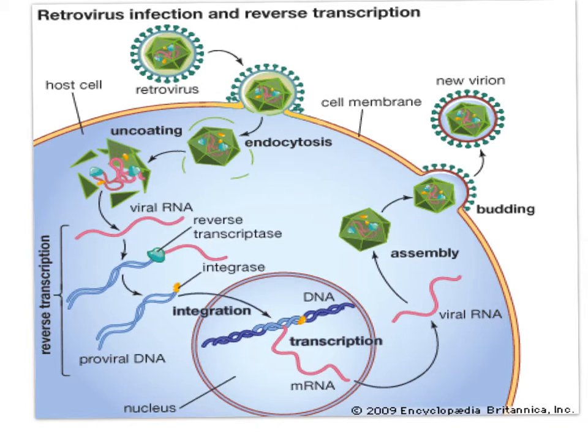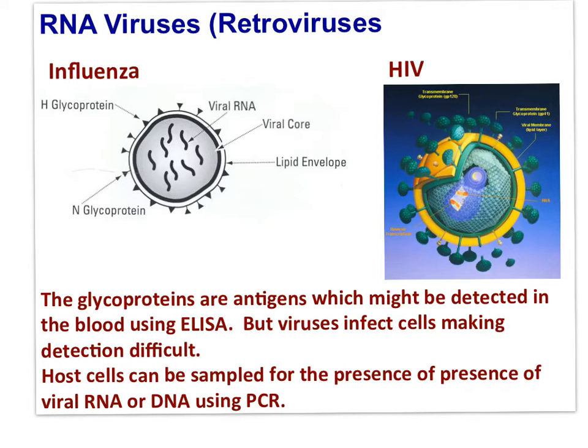Testing host cells for the presence of viral DNA or RNA would detect viral infection. Cells of the host can be sampled, and the viral RNA or DNA can be detected using PCR. Examples of RNA viruses, also known as retroviruses, are the influenza virus as well as HIV.